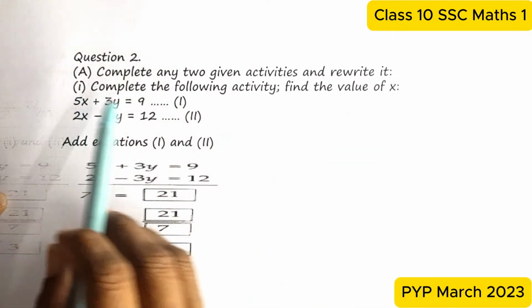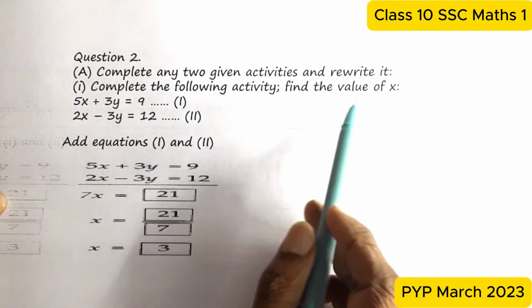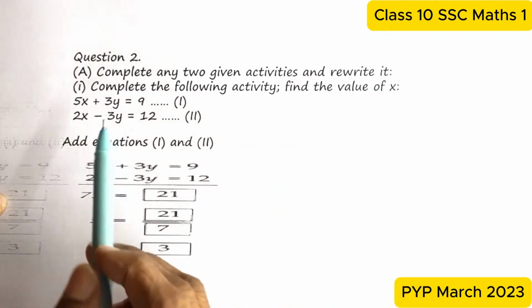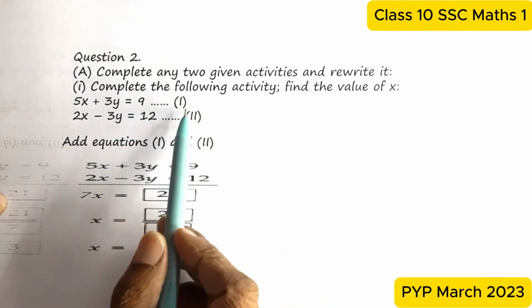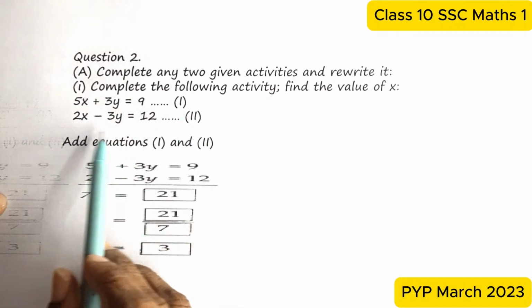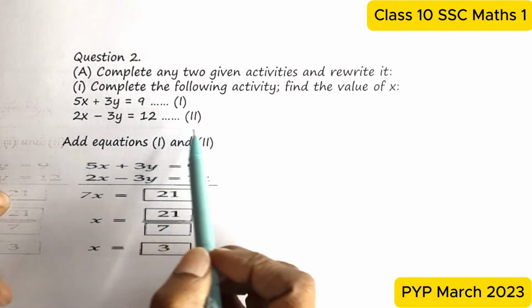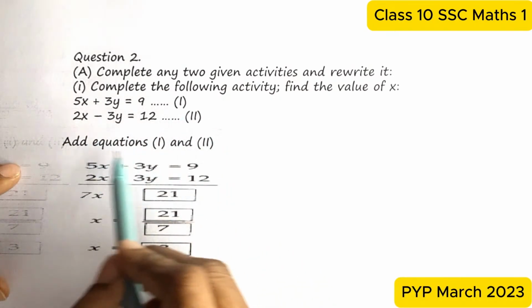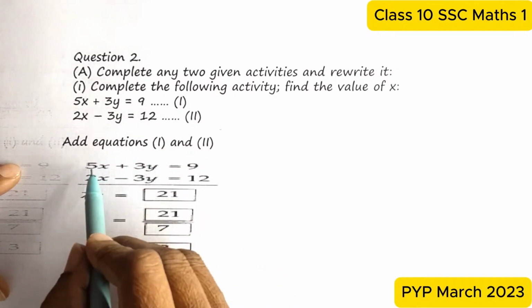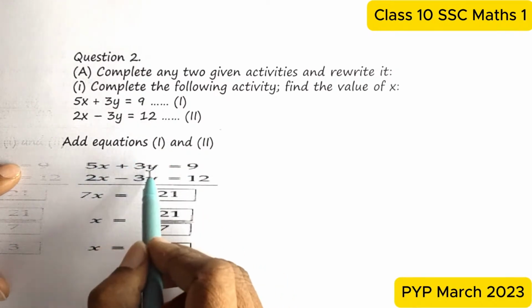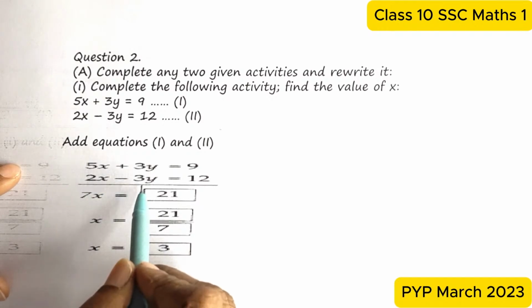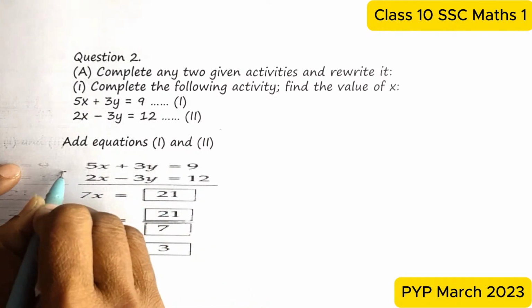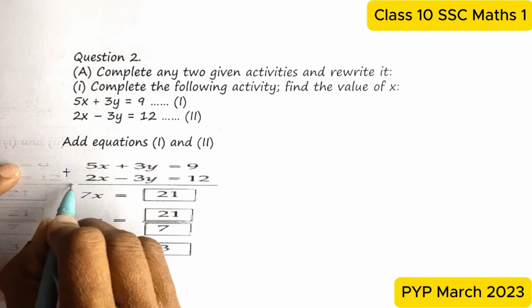So the first question, complete the following activity. Find the value of x. So the given equations: 5x plus 3y is equal to 9, call it as the first. 2x minus 3y is equal to 12, call it as the second. Add equations 1 and 2. So equation 1, 5x plus 3y is equal to 9. Second equation, 2x minus 3y is equal to 12. We have to add it. So write down here the adding sign.